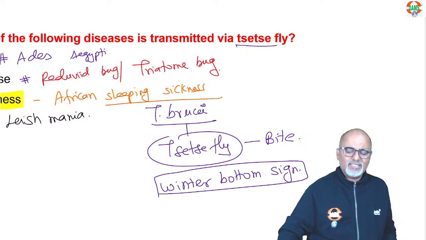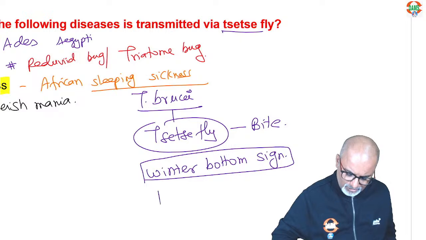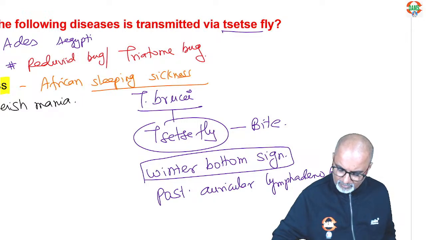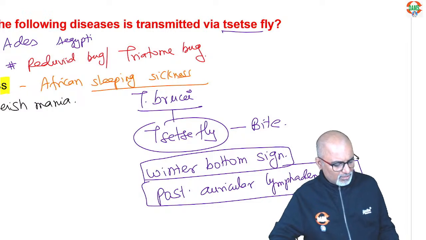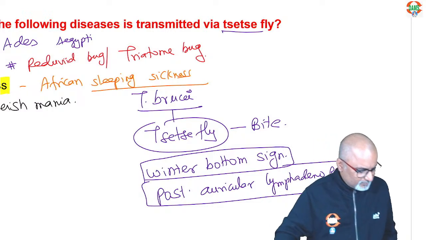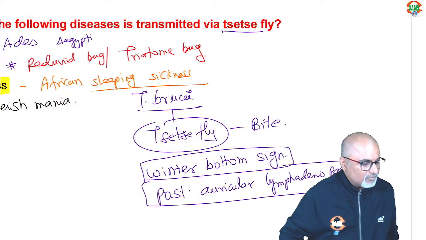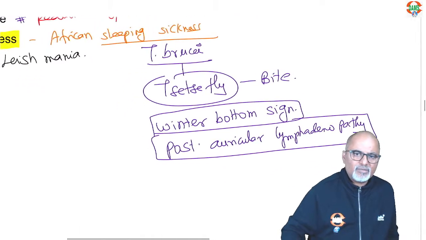What is Winterbottom sign? Enlargement of the posterior auricular lymph node, posterior auricular lymphadenopathy. That is Winterbottom sign.